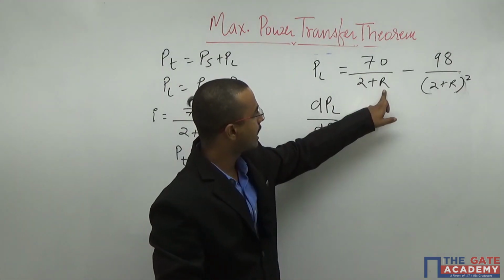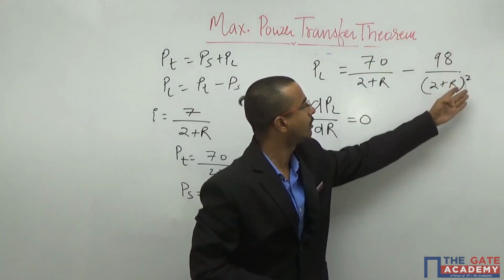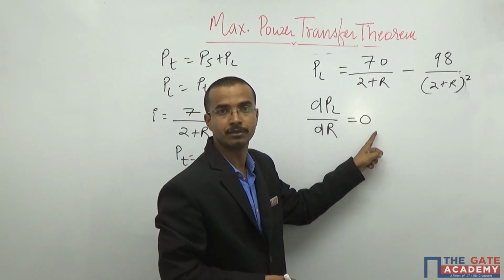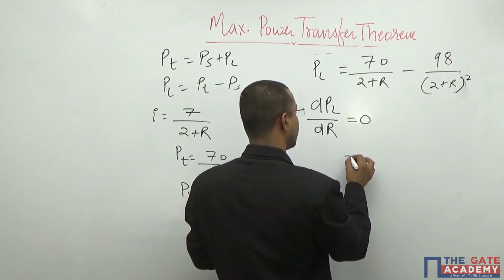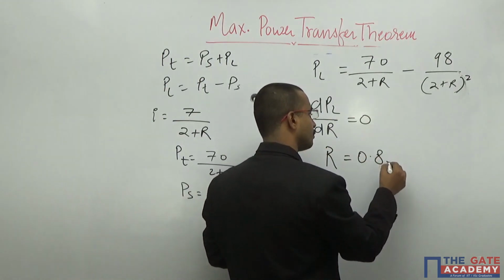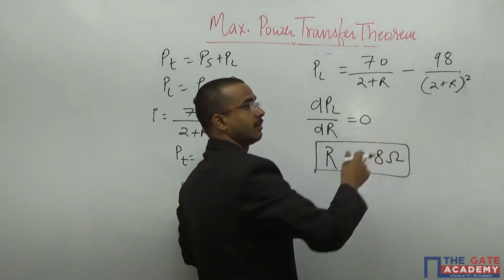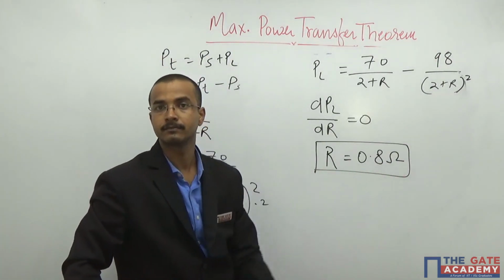Here R I have, here R I have. That means I will differentiate this particular equation with respect to R and put it equal to 0. Whenever you do this, you will get R value of 0.8 ohm. After differentiation and putting it equal to 0, you will get R is equal to 0.8 ohm.